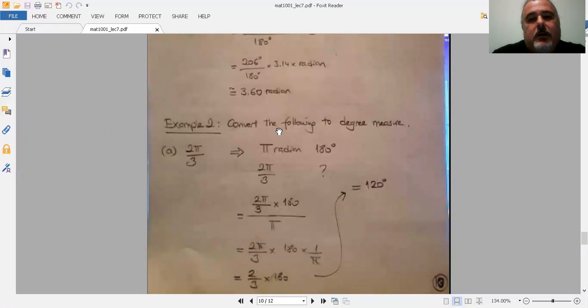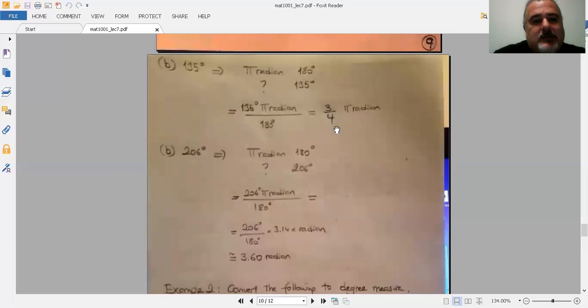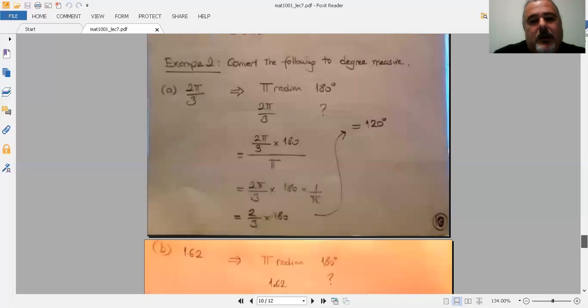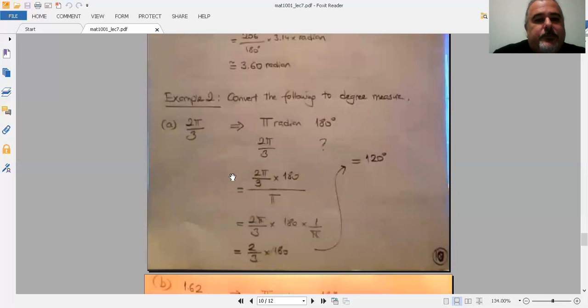Here, convert the following to degree measure. In the previous question, it was giving us the degrees and we were finding the radian measure. Here, the measure is given to us and it is asking for degrees.